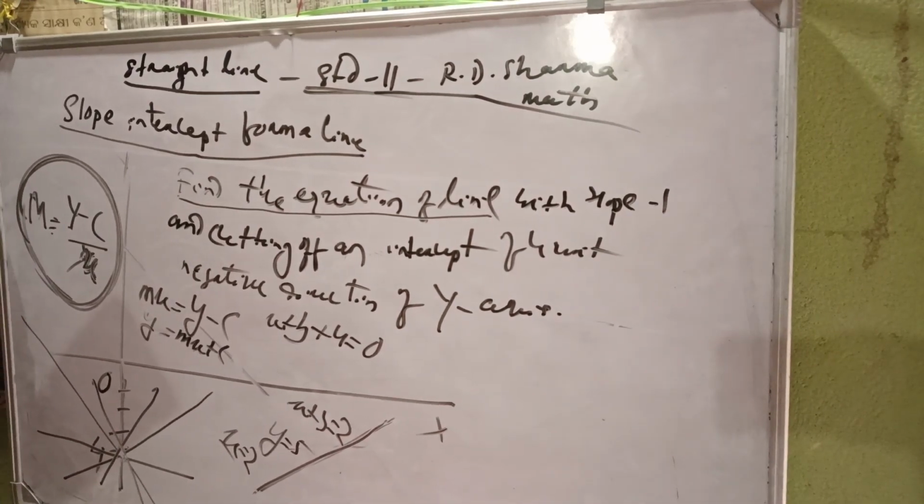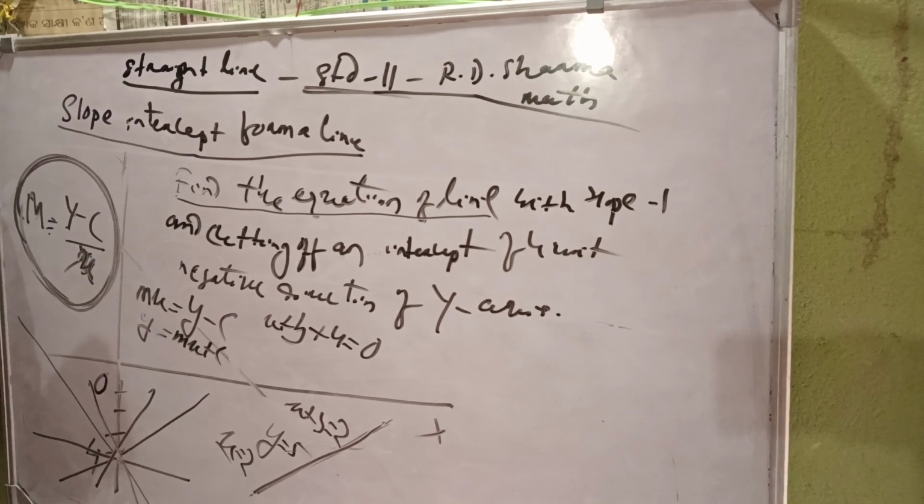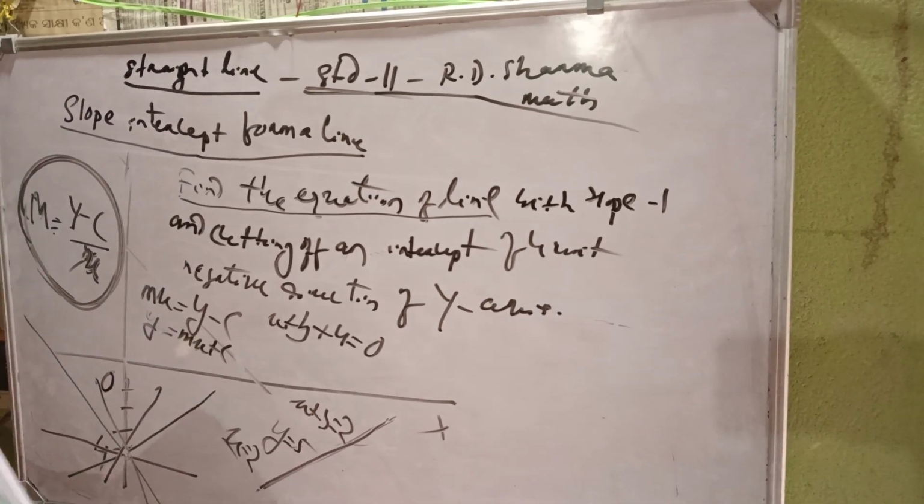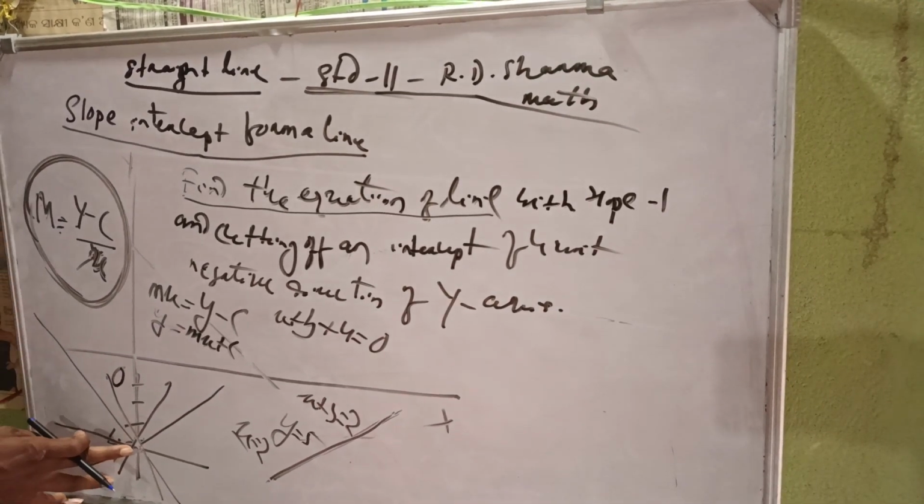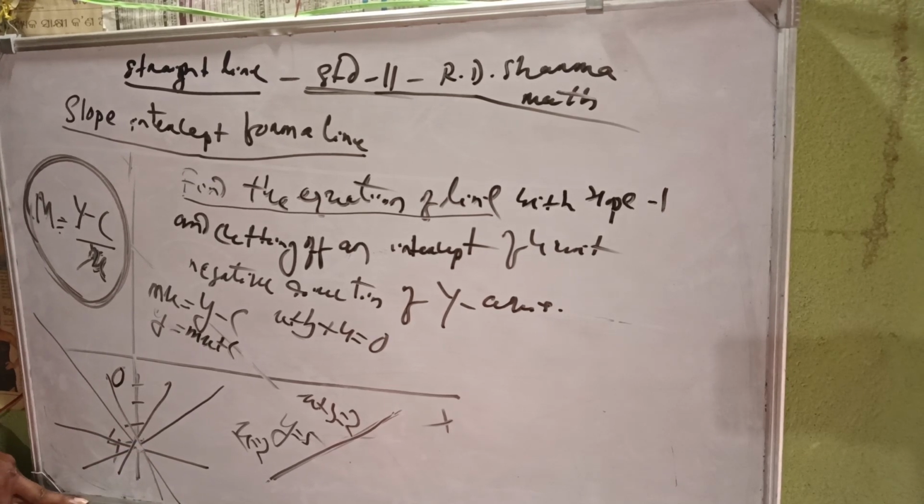If the question is given to find the equation of the line, and one point is given, then we can easily find the straight line. Are you getting any doubts?